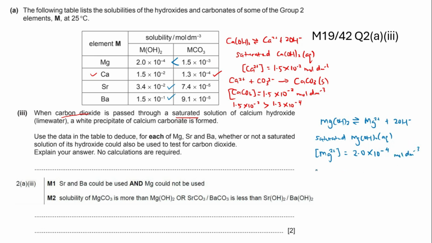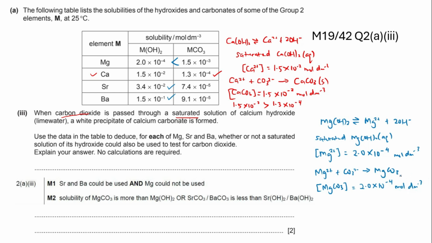So when CO2 is passed through this magnesium hydroxide solution, the highest concentration of magnesium carbonate formed from this reaction will be 2.0 times 10 to the power of negative 4 mole per decimeter cube.